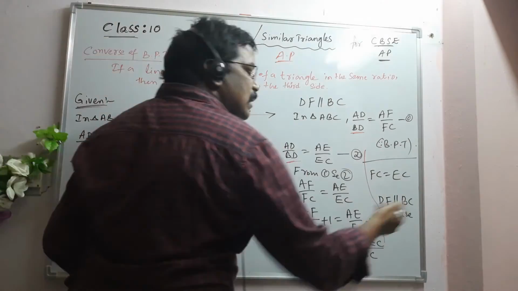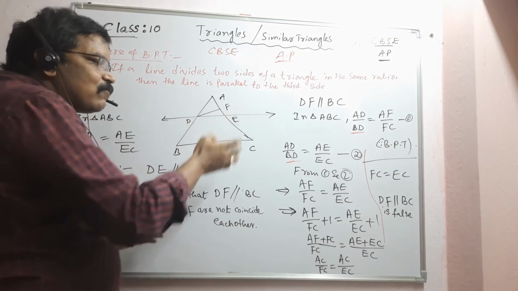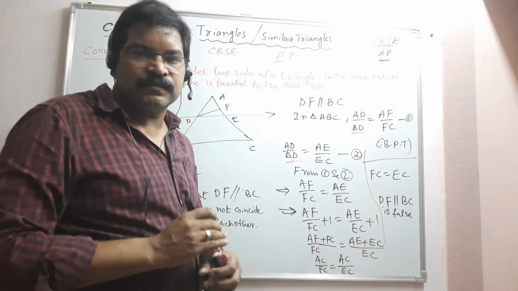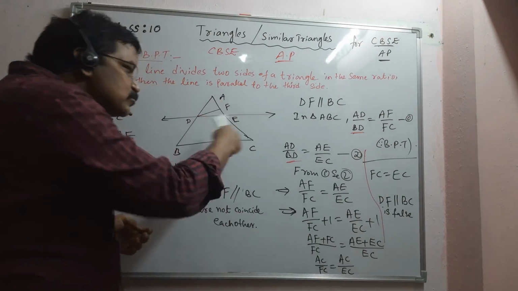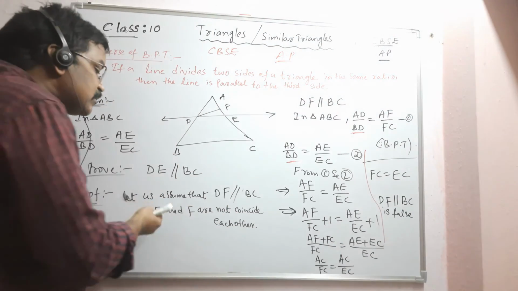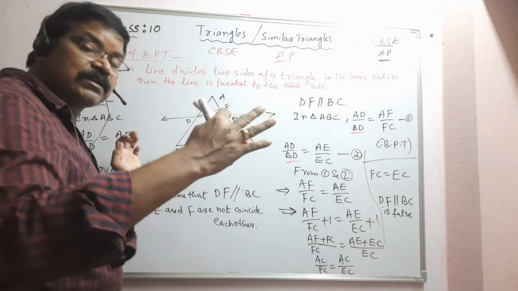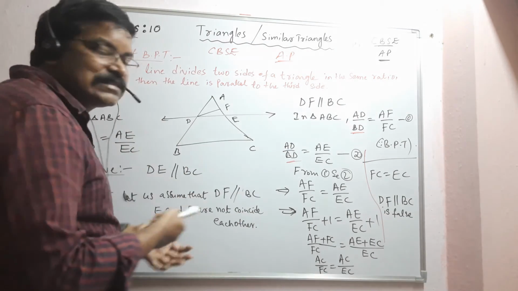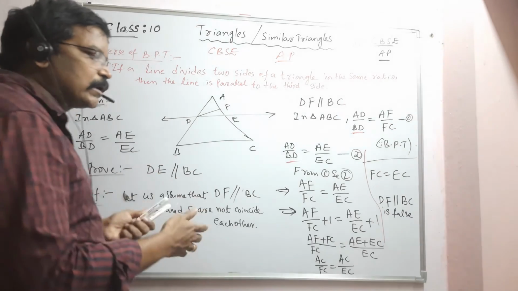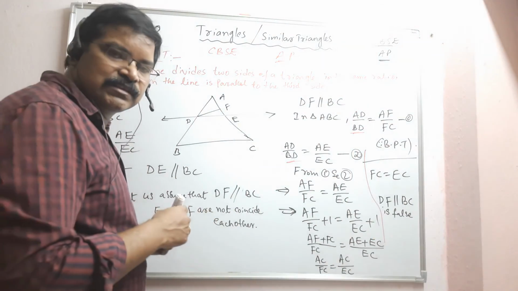When E and F coincide with each other, then only DF is parallel to BC. But in the assumption, we have taken that E and F do not coincide, they are different points. Understand?